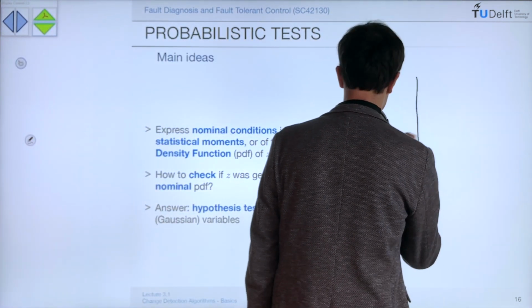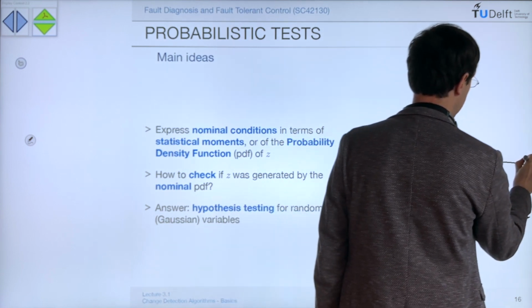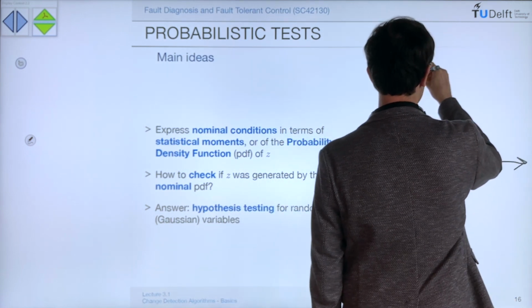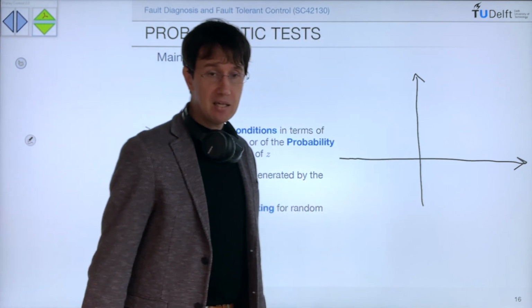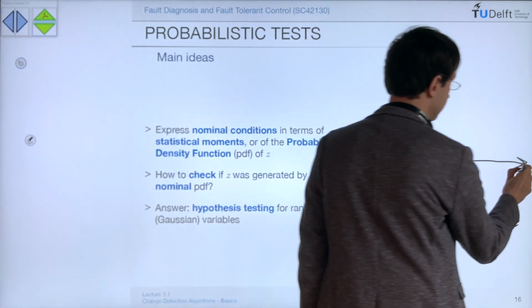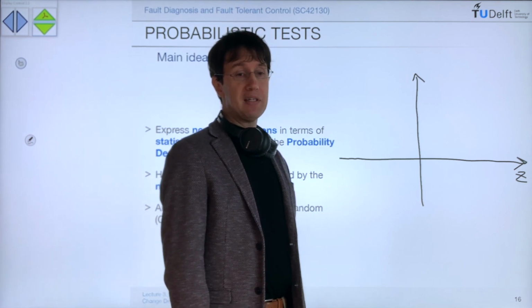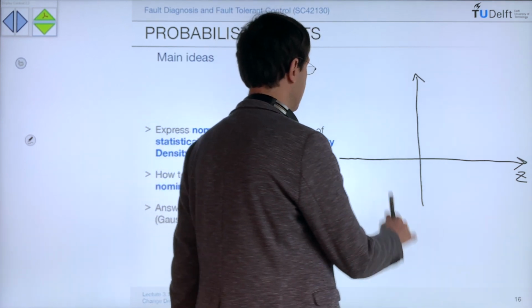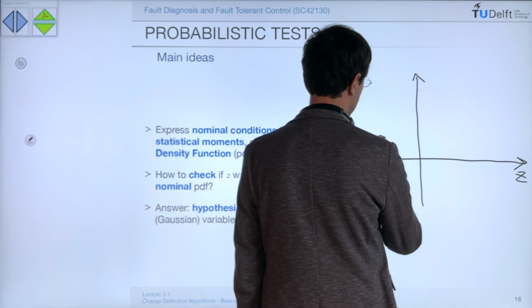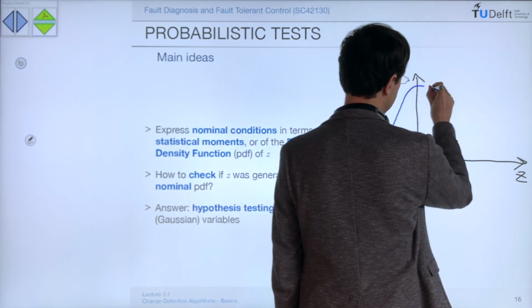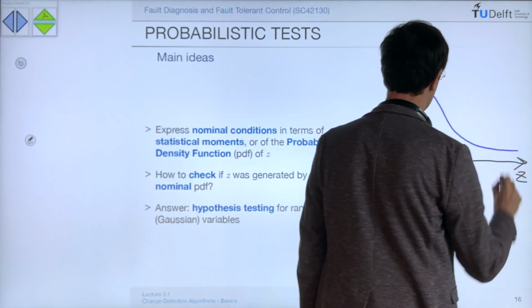And this dimension is mapping values of z over the probability of z having that value. So for a Gaussian variable with zero mean, we have this usual and well-known shape.